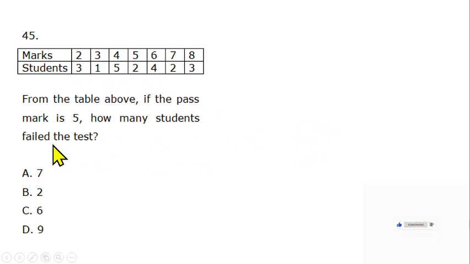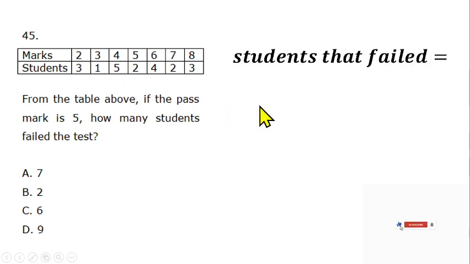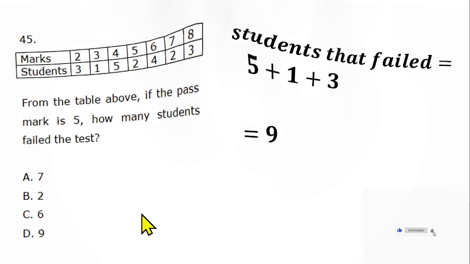So that means 4 marks we have 5 students there, 3 marks we have 1 student there, 2 marks we have 3 students there. So add them together. Students that failed this test will be 5 plus 1 plus 3. That should give us 9. So that means 9 students failed the test, which is option D.